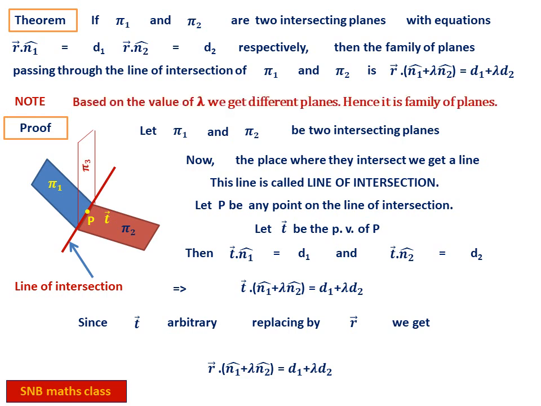For example, this is one plane, let us say pi 3. For this one, lambda will be one particular value. Similarly, suppose you change the value of lambda, you get different planes. This is the understanding you should have. Therefore it is called a family of planes. That means you are not getting one plane, you are getting infinitely many planes, but for each value of lambda, you will get one plane.